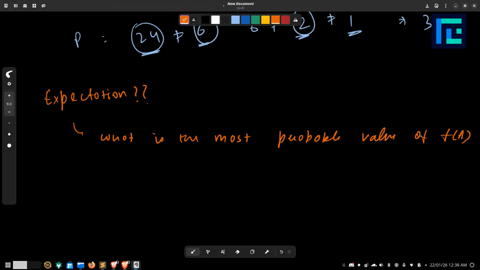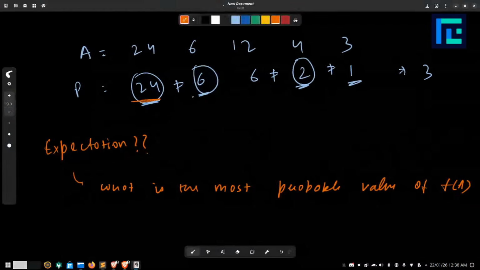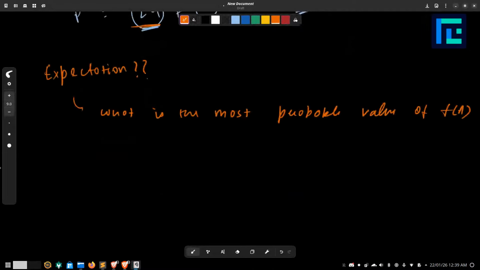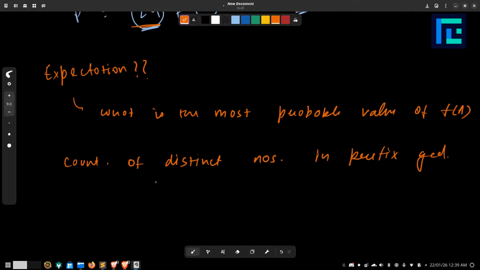How do we calculate this? What we are doing is counting the number of distinct numbers in the prefix GCD, except one.